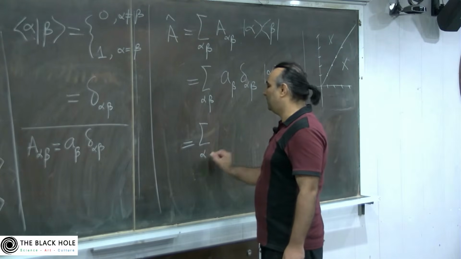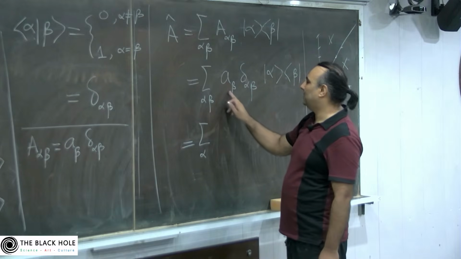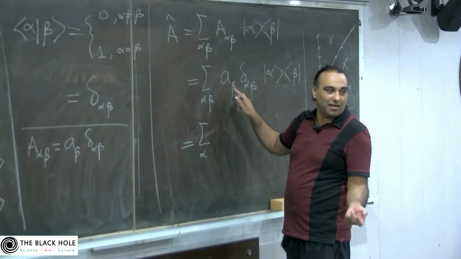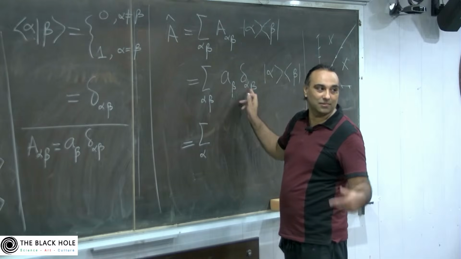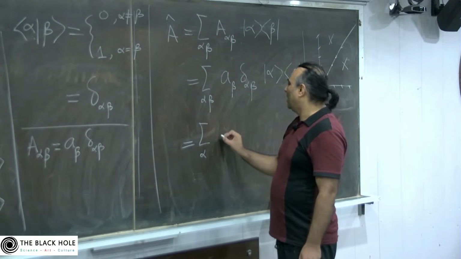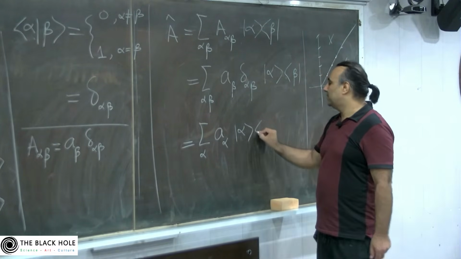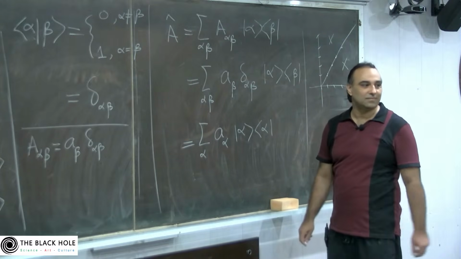So let's call that alpha, and if this is alpha, then this also becomes A alpha, okay, because now when it's non-zero, alpha and beta are equal, so we can name them any way we like. So this beta also becomes alpha, okay.